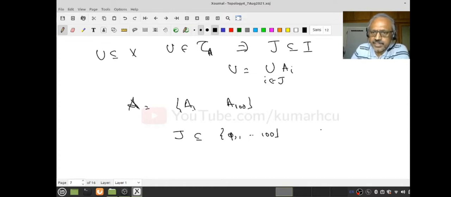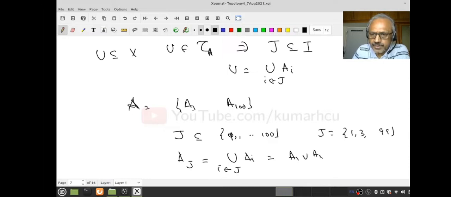For example, my J could be all odd integers. Then I can define A of J, the union of A_i where i runs over J. That is A1 union A3, etcetera, union A99. Do you follow that?